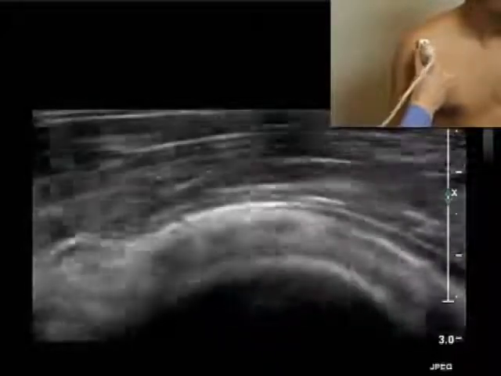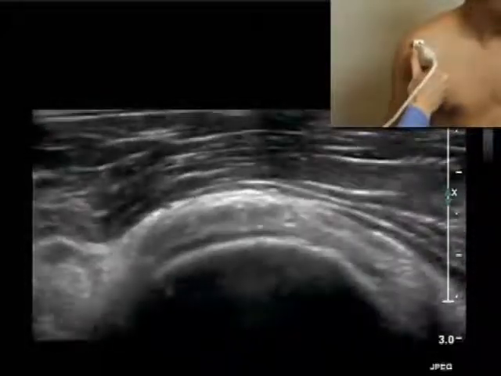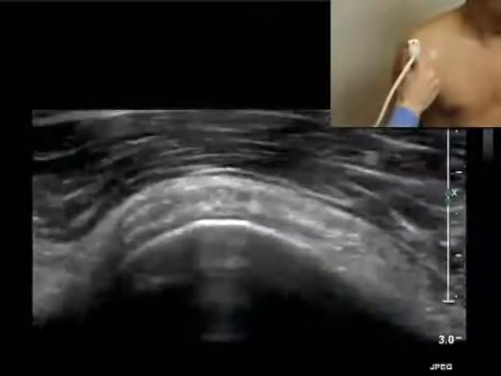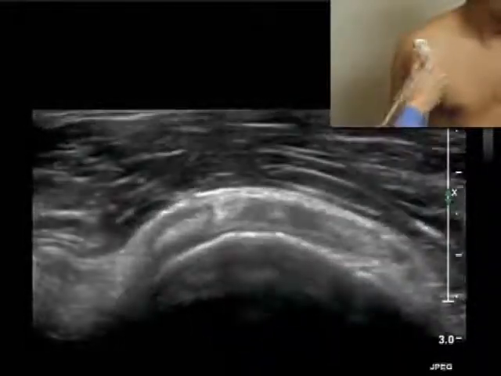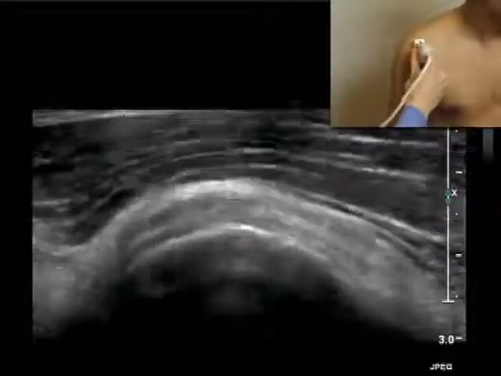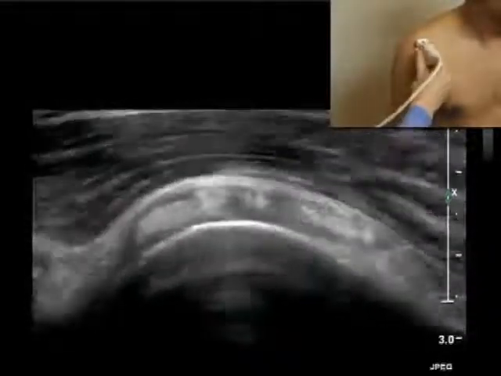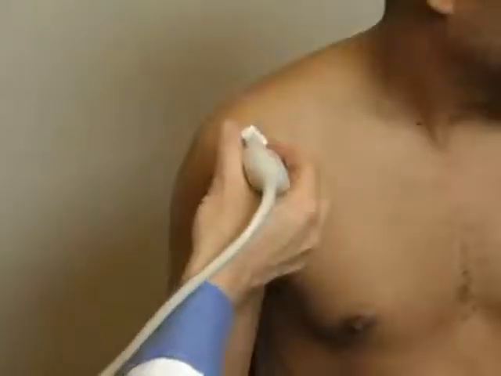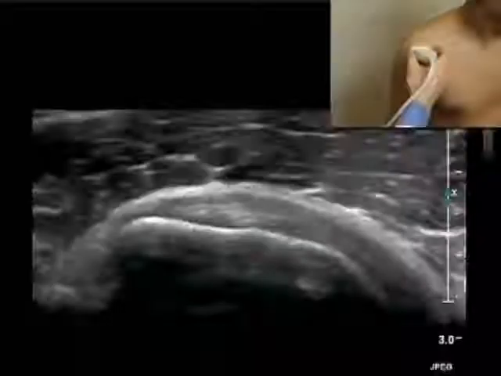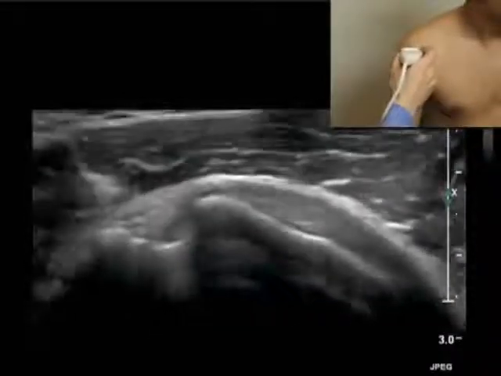Note the normal heterogeneity of the subscapularis as hypoechoic muscle is seen interdigitating between the tendon bundles at the musculotendinous junction. Note how rocking the transducer along the long axis of the tendon causes the tendon to appear artifactually hypoechoic from anisotropy.